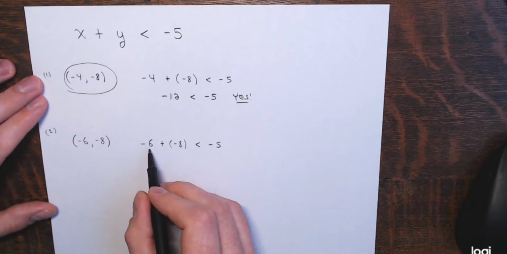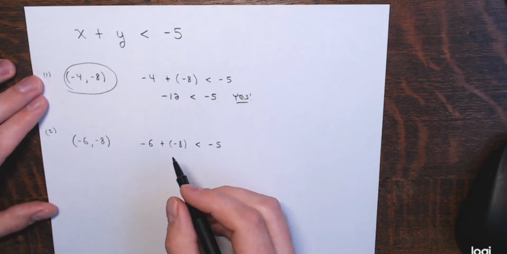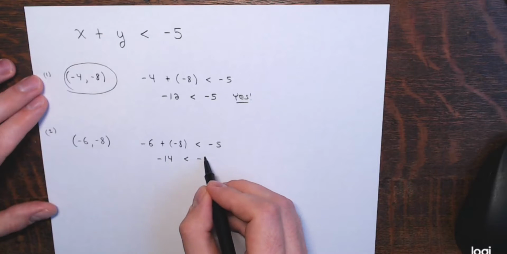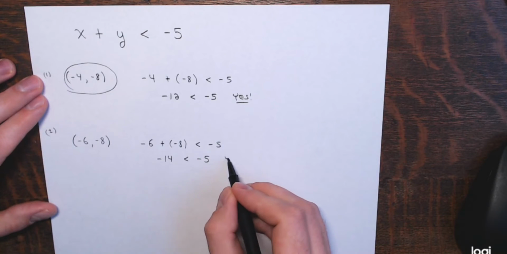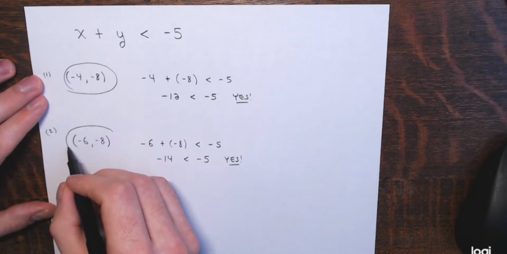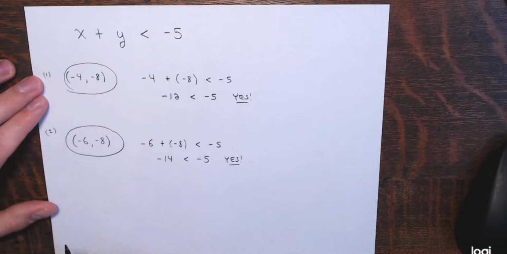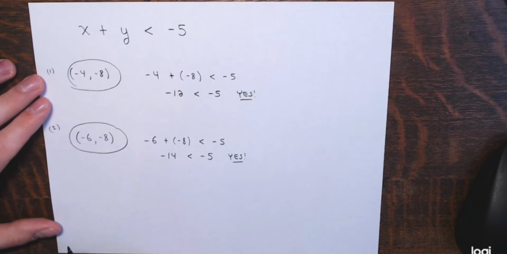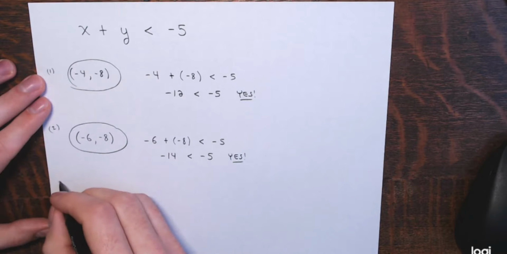Negative 6 plus negative 8 is negative 14. And is negative 14 less than negative 5? Yes, it is. So I'll also select this ordered pair. Right? And you're going to notice that these are going to have infinitely many solutions. So we obviously can't list them all, but they're just having us find a few here.